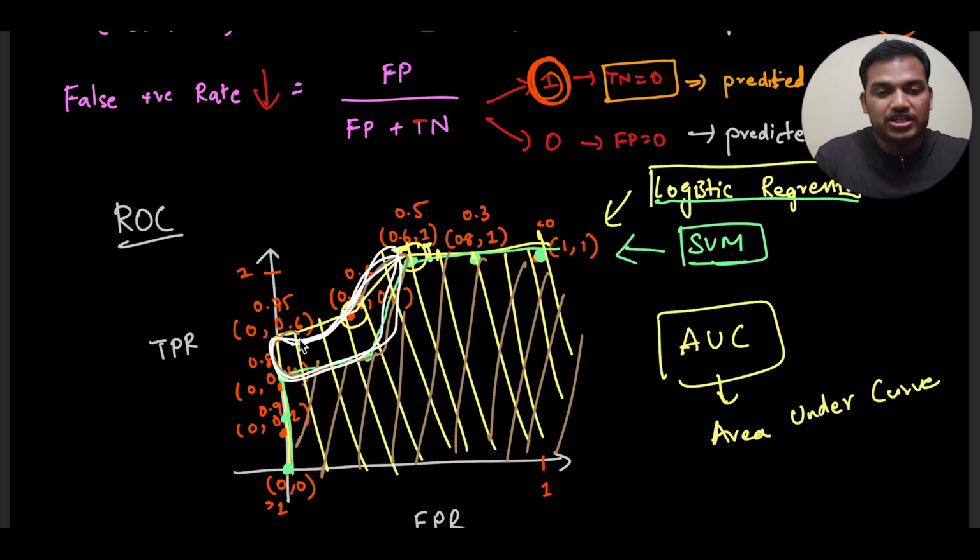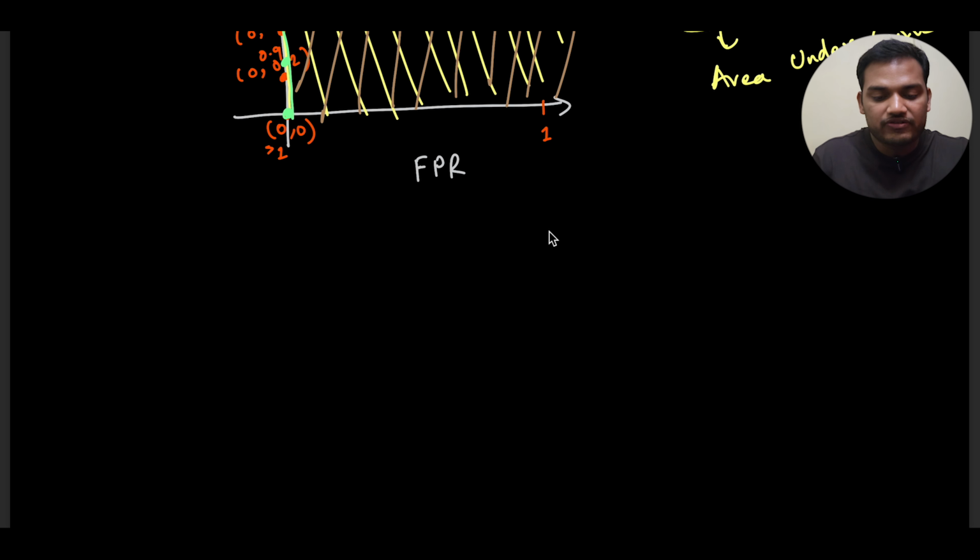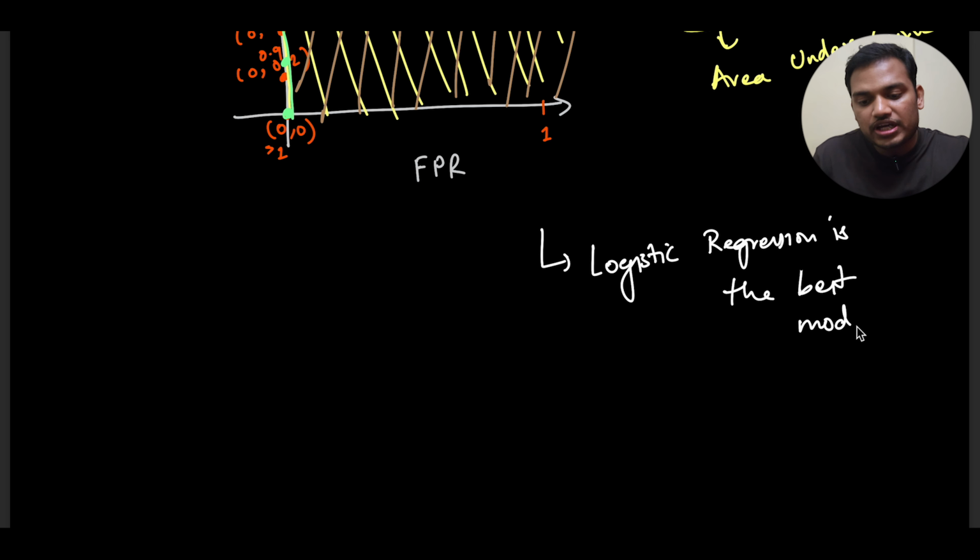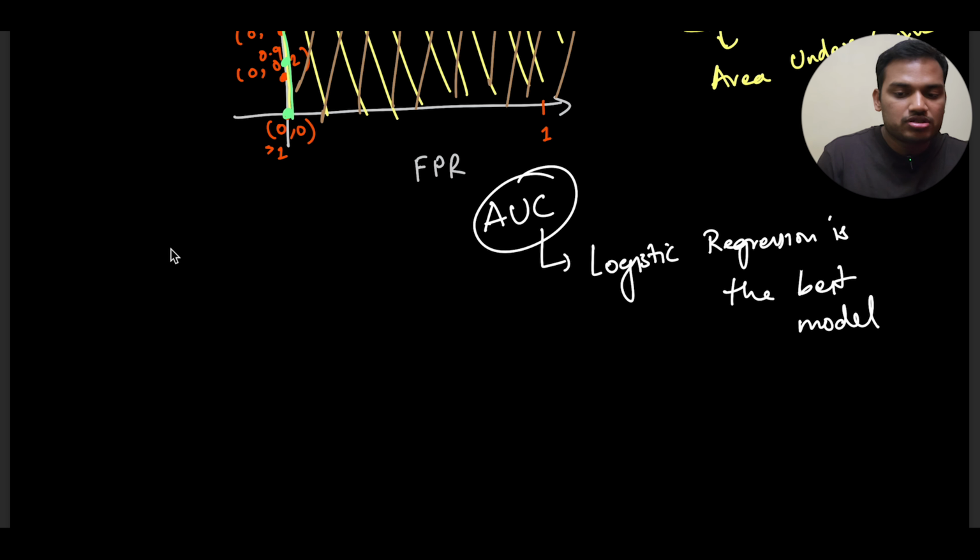That means it is covering more area. So for this specific problem that we are discussing, logistic regression is the best model. Like that, we can know which is the best model with the help of AUC, whereas the best threshold we can find with the help of ROC.